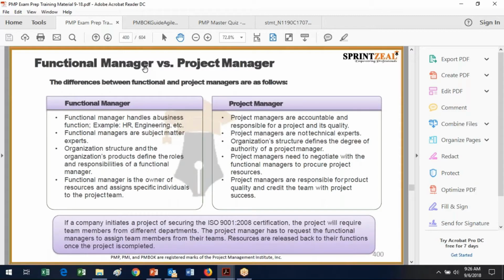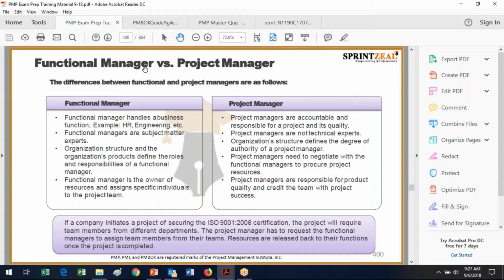So let's talk a little bit more about the functional versus the project manager. The functional manager, again, handles a business area like human resources, engineering, research and development, etc. And so they are subject matter experts in their area of expertise. It could be procurements.